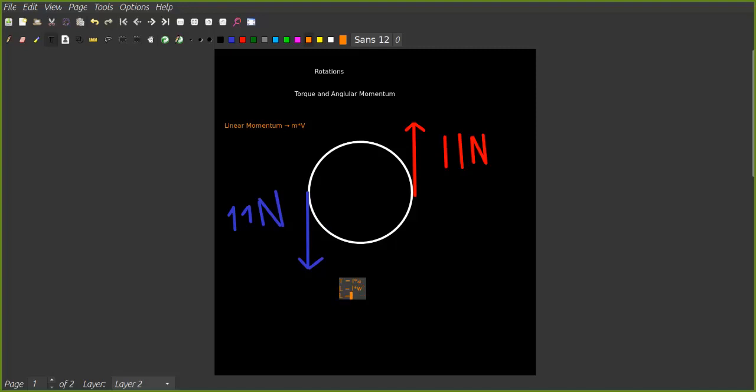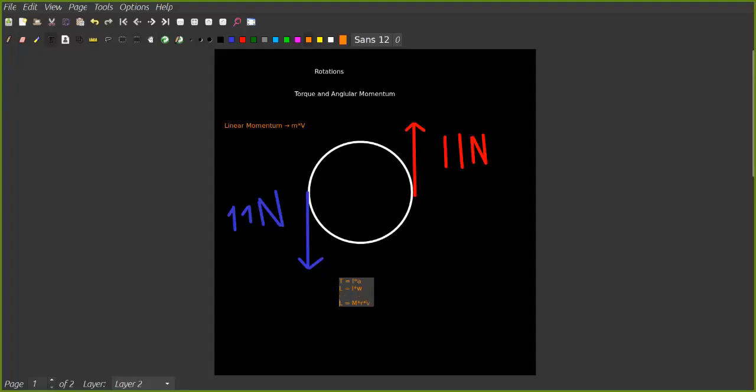But actually L is equal to the mass times the radius of the circle times the velocity, which is v.